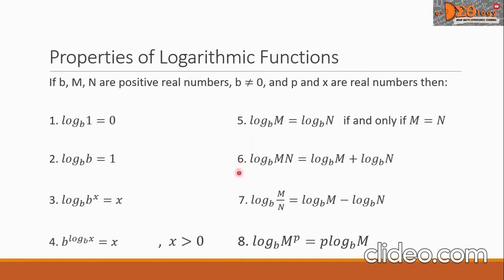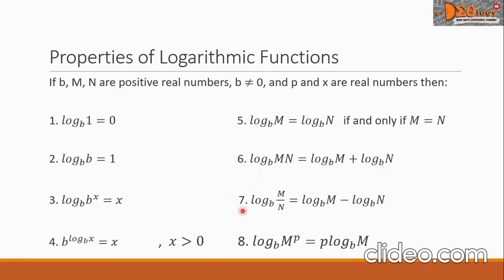Property number 6. This is the log of a product MN. If we take the log of the product MN to base b, this is equal to the log of M to base b plus the log of N to base b.